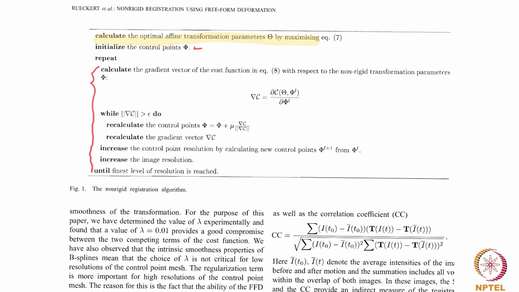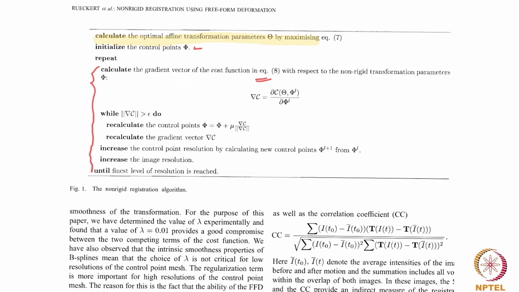Then you calculate the gradient vector of the loss function. The loss function they are talking about here is equation 8. Please look up the paper. That equation 8 is nothing but your smoothness term imposed on the freeform deformation plus the mutual information.